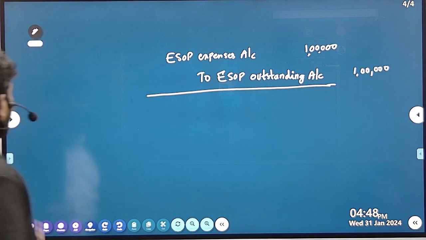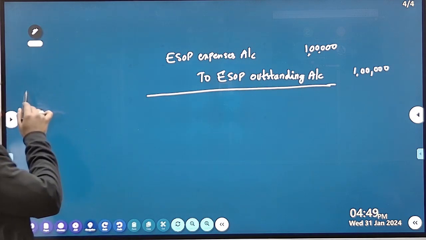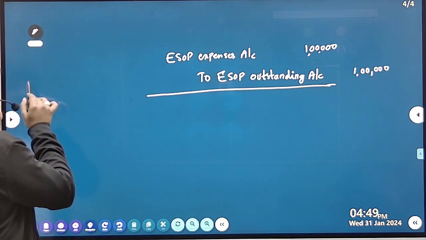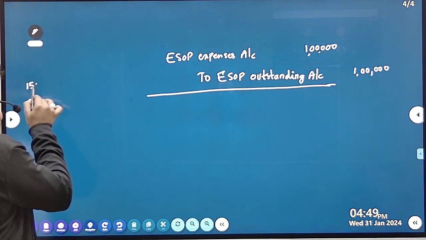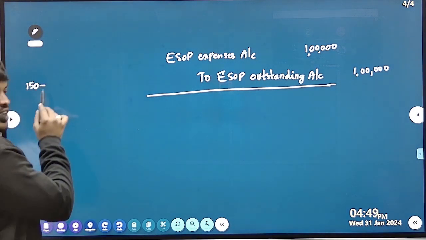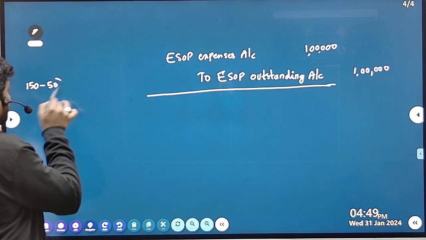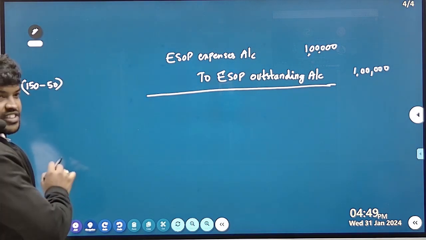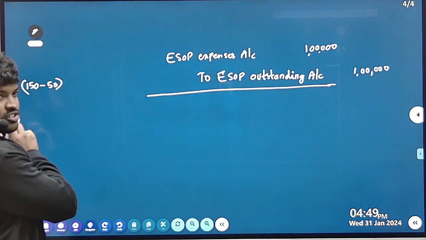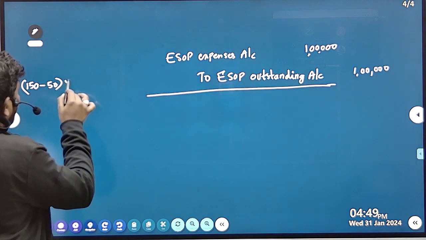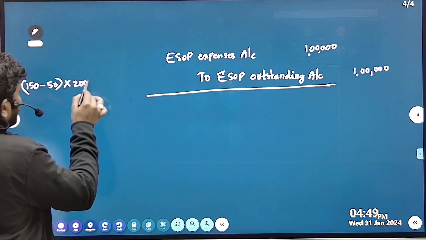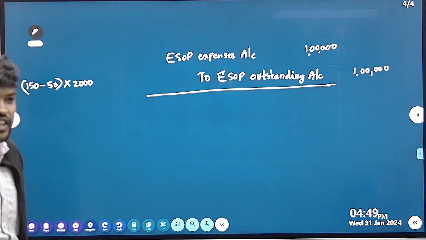Clear till now? Calculation I am writing here. See carefully. 150 rupees is the market price minus 50 rupees is the issue price. Yes. 100 rupees is the total loss. 100 rupees into how many options? 2000 options. Yes.